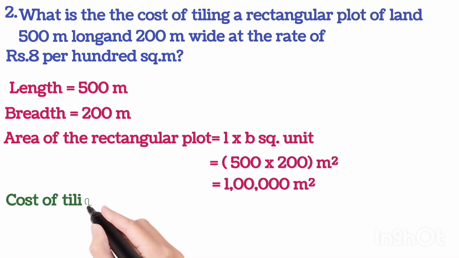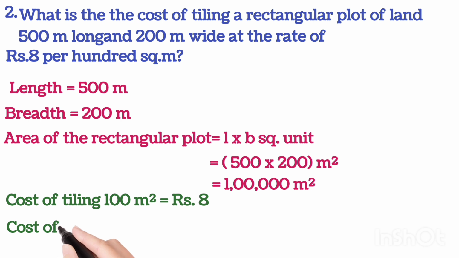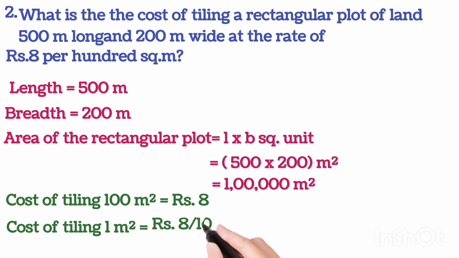Okay. Now we will find out the cost of tiling of this plot. Cost of tiling 100 meter square is rupees 8. It is given. So first we will find out what is the cost of tiling of 1 meter square. That is 8 divided by 100.